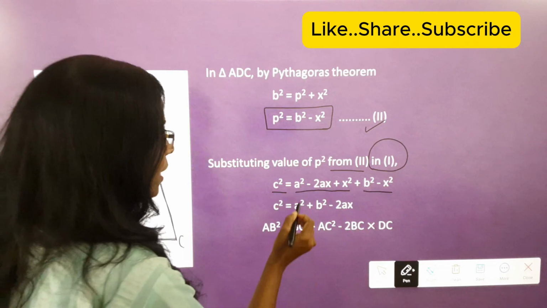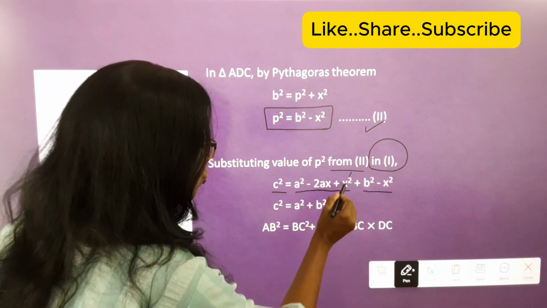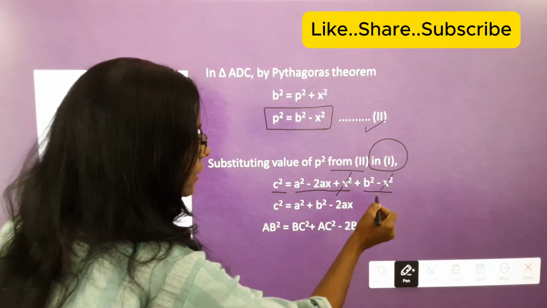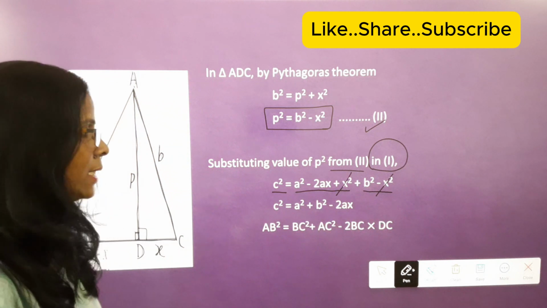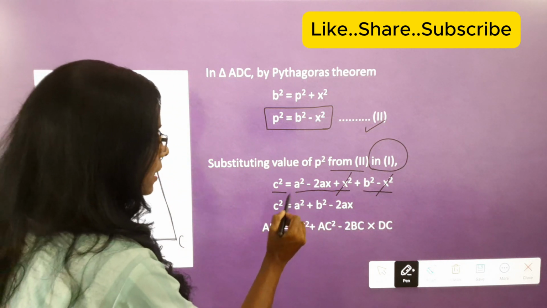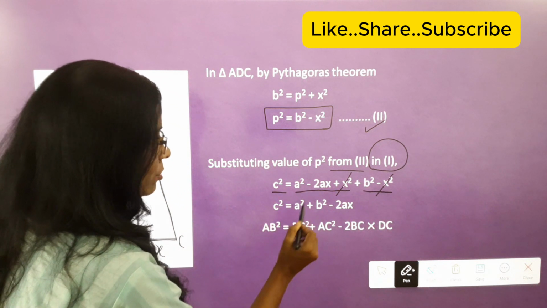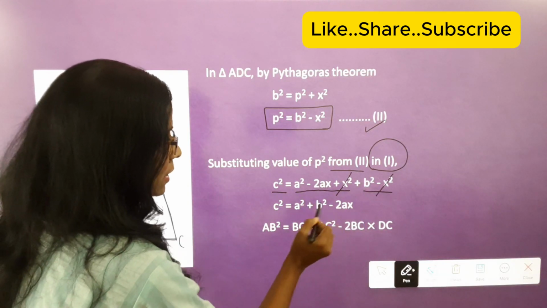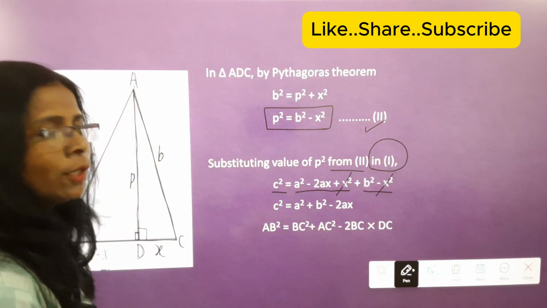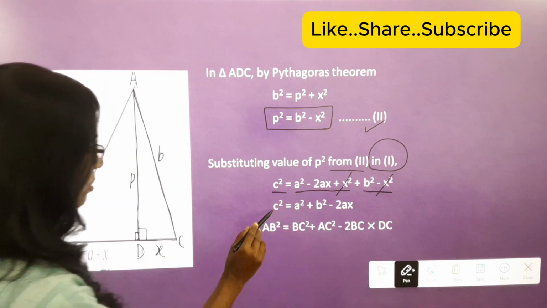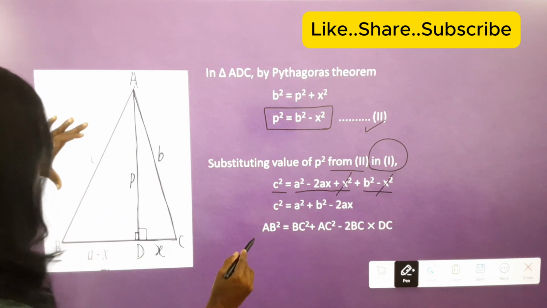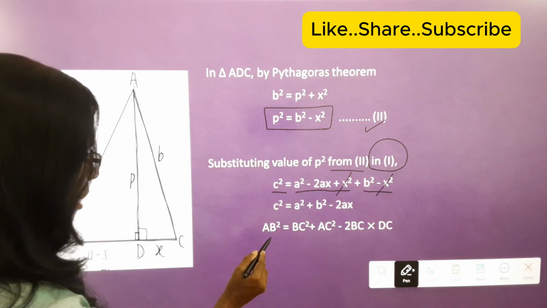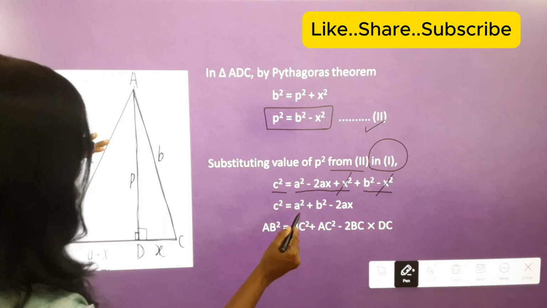Here x square minus x square gets cancelled out. So the remaining part is c square is equal to a square minus 2ax plus b square. What is this c square? C square means this one, that is AB square, students, which is equal to a square.